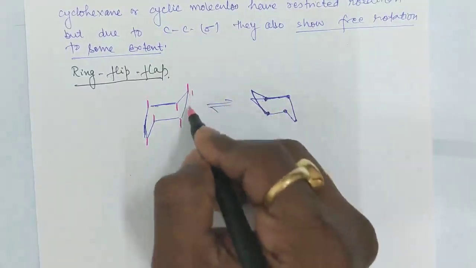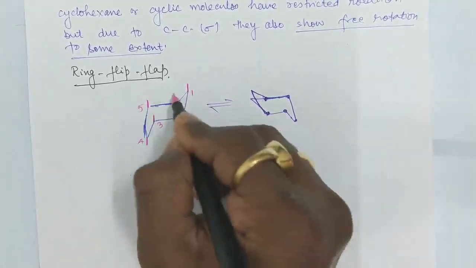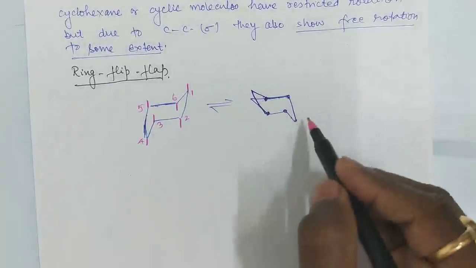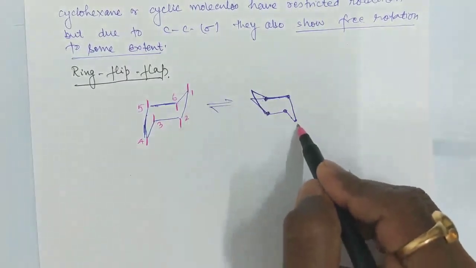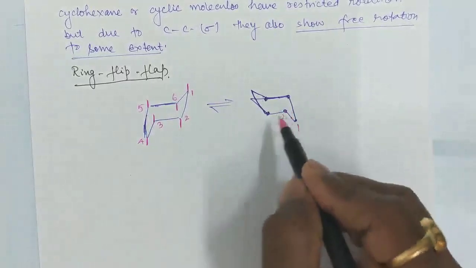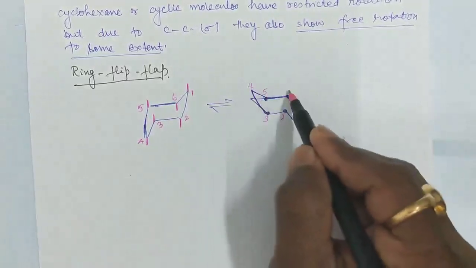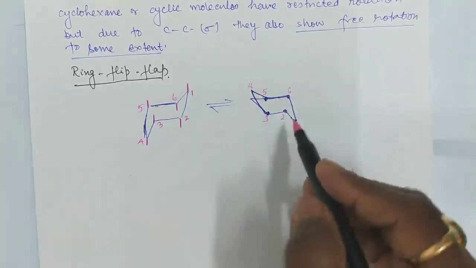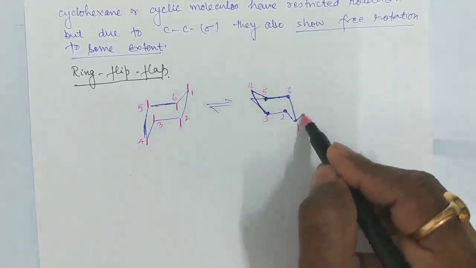This is carbon number 1, this is 2, 3, 4, 5, 6. When carbon number 1 goes down, so all the axial bonds become equatorial.